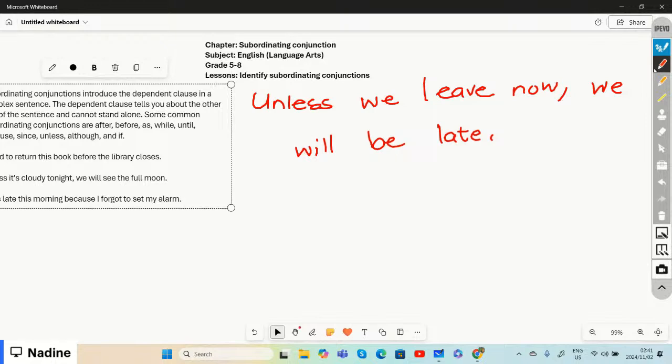And if we were to choose our subordinating conjunction, then yes, it is unless, which means that if you guys don't leave now, then we are going to be late. So unless we leave now, we will be late. So well done. Unless is our subordinating conjunction.